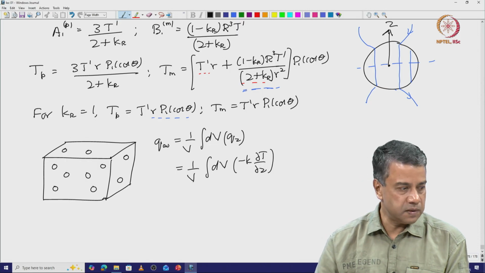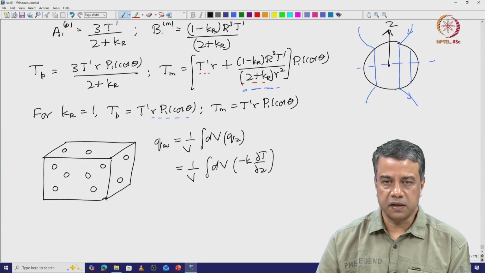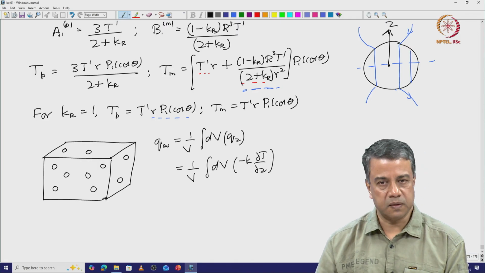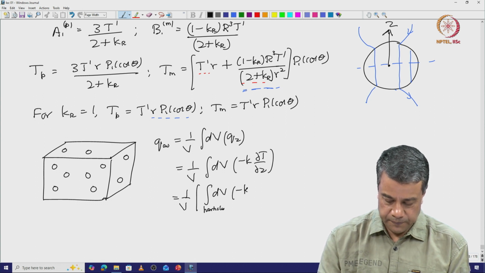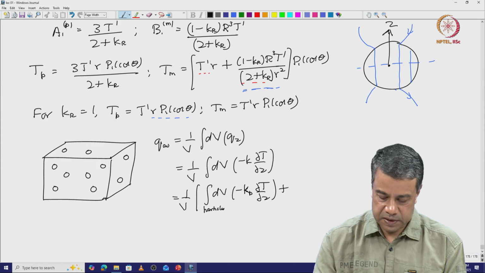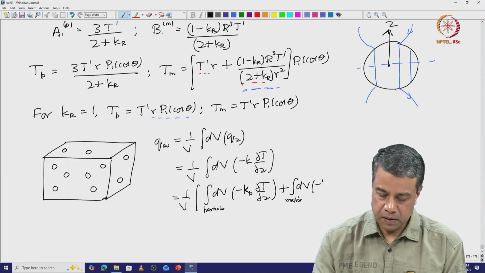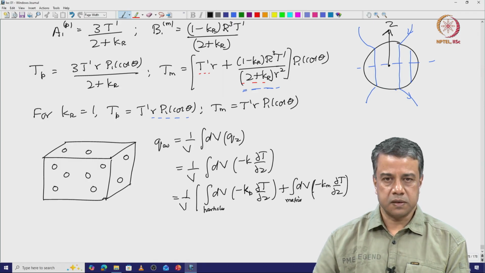Note that in this volume there are two kinds of materials, one with conductivity Kp and the other with conductivity Km. Therefore, this average has to be carried out over both of them. So, this has to be 1 over the total volume times the integral over the particles plus the integral over the matrix. So, that is the total flux.